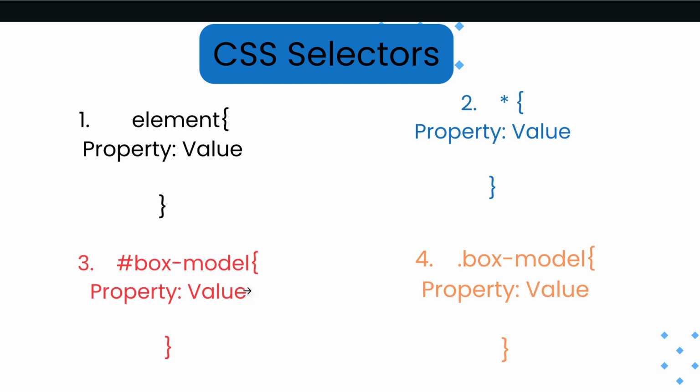Okay, we will get into code and we'll look at how to use each and every one of these types of CSS selectors. And the last one we have here is the class selector. This targets different classes in your page. So you will have a dot syntax with the name of the class, and then just the same, you have your opening and closing curly braces, a CSS property alongside its value, and then you will see that style take effect on the page or on this particular element or class that you have added it to.